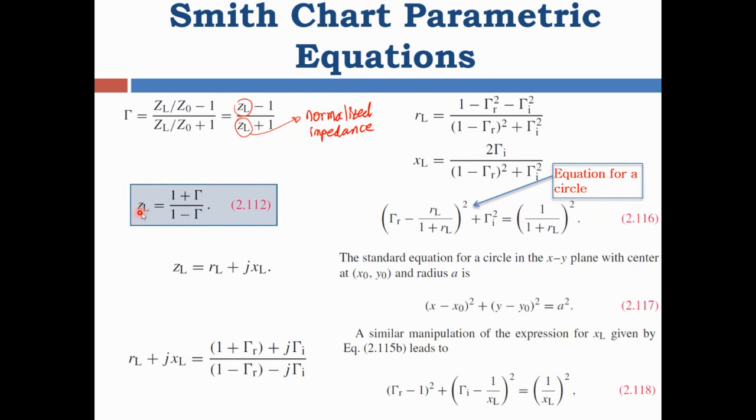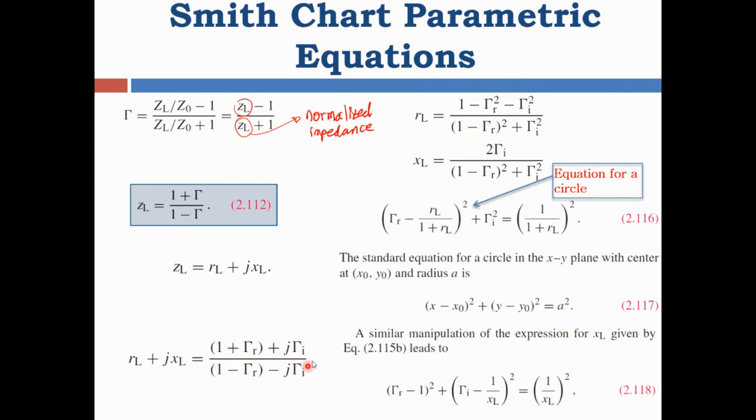We write the impedance in terms of the real and imaginary parts of gamma. Now if we separate the real part from the imaginary part of this expression, the real part is going to turn out to be like that, and the imaginary part is going to turn out to be this.